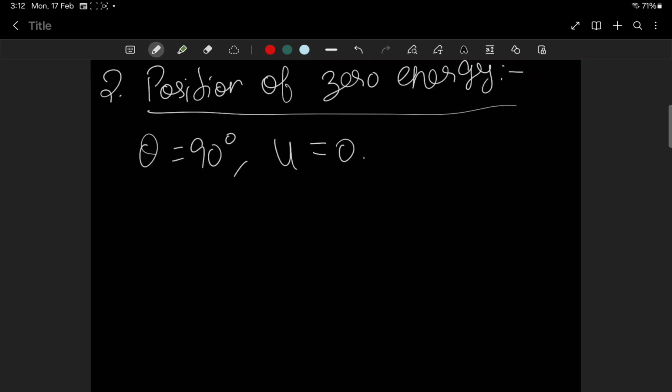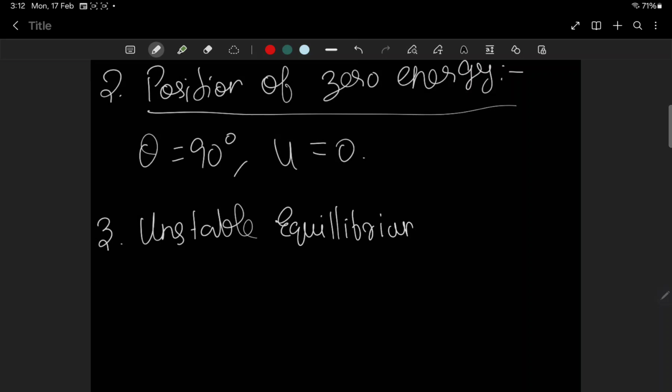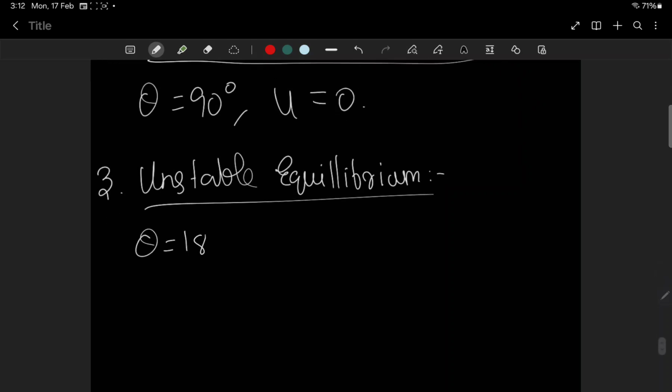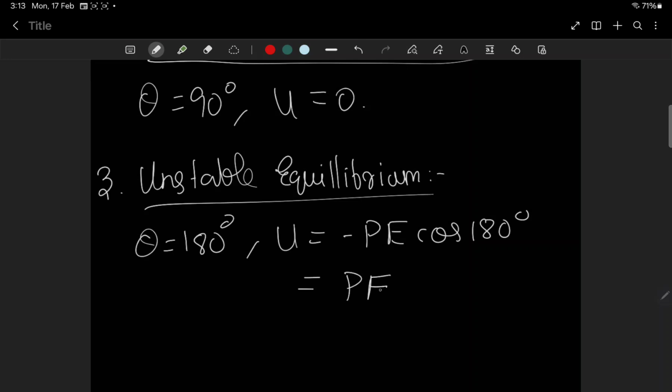Now the third one is the position of unstable equilibrium, that is maximum potential energy. That is theta equal to 180 degree, U equal to minus PE cos 180 degree. Cos 180 is minus 1, minus 1 is plus, that will be PE maximum.